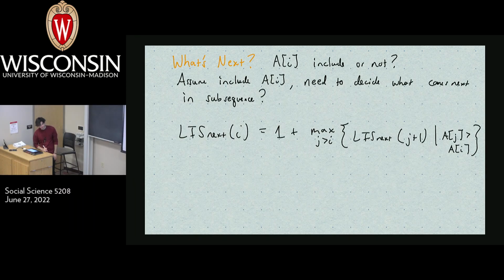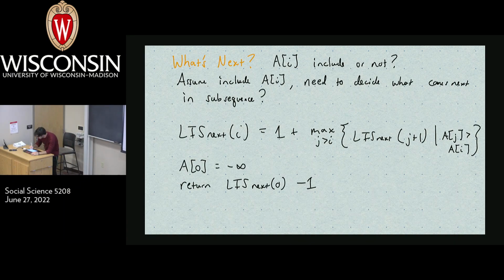So the base case is built in. It's really nice. Now again, we need to do a sentinel thing. So again, we're going to say A_0 is minus infinity and return LIS_next of 0 minus 1. This is going to forcibly include A_0, but A_0 is obviously not actually in the array, so we subtract 1 to kill the 1 that we added incorrectly.